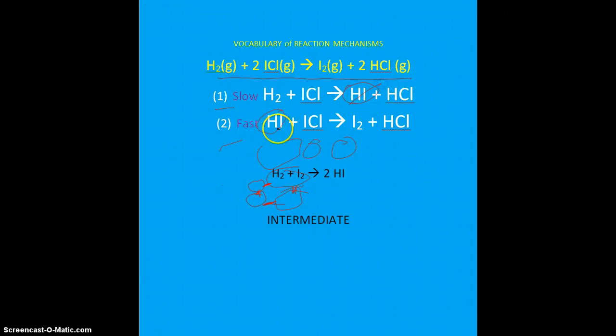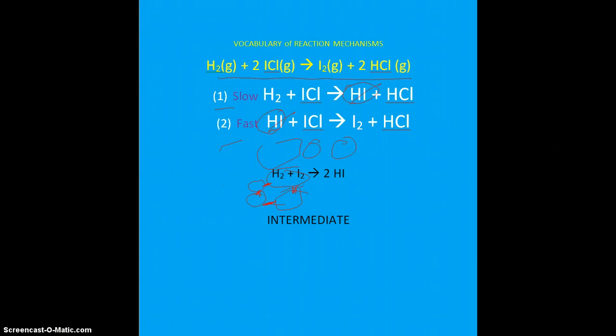The hydrogen iodide itself, as an intermediate, does not have any place stoichiometrically in the overall reaction. So this is key because any proposed mechanism for a reaction must be stoichiometrically consistent with the overall reaction. You can't have molecules in your collisions that are not in the overall reaction unless of course they are intermediates and therefore cancel from the two steps.